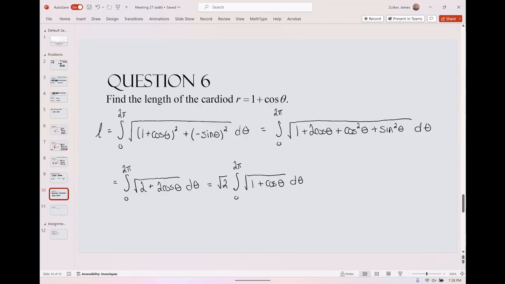This is awful. If we had to do this by hand, we'd have to make a special substitution. I actually don't know what that substitution would be.